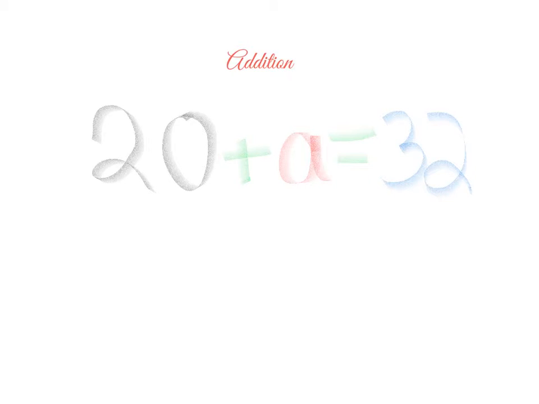isolate the A. So we subtract 20 from each side. So we go negative 20, and 32 minus 20.